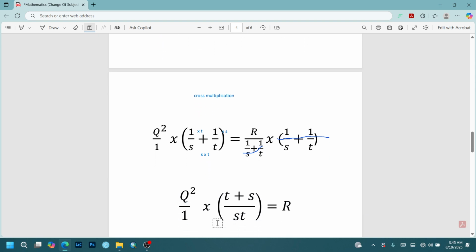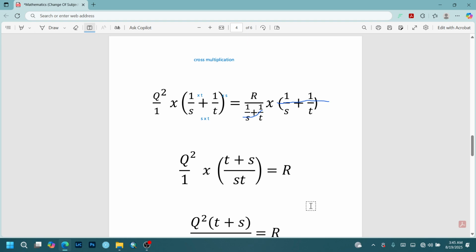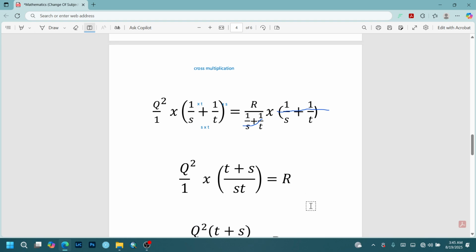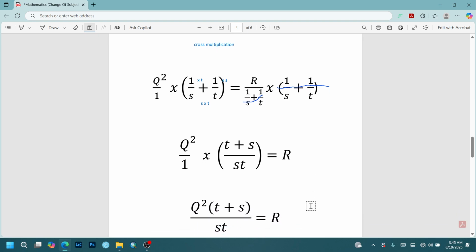So we are going to get our new equation to be Q square over 1 multiplying, now 1 times T is T, right? 1 multiplying S is S, right? S multiplying T is ST, right? Equals R, as explained earlier on. Okay, so in doing our multiplication, right, Q square would multiply T plus S, right? And 1 will multiply ST.